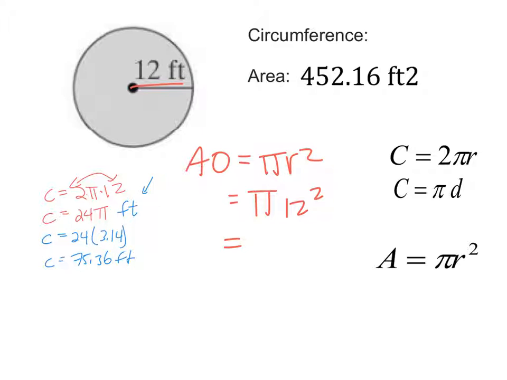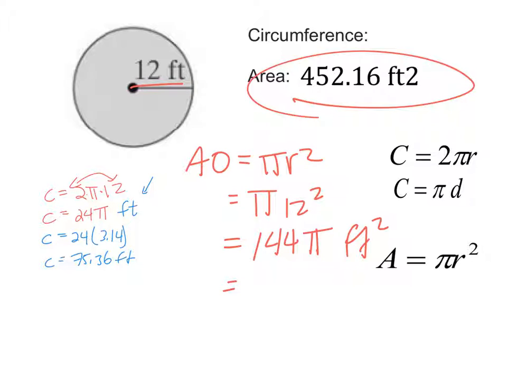And so 12 times 12 is 144. So 144 pi, and if I said leave in terms of pi, you'd stop here and you'd say feet squared. So again, it's not a bad idea to include that as you're working. And then if I say no, I want the decimal, you take your 144 times 3.14, and you'd get 452.16 feet squared. So there you go.